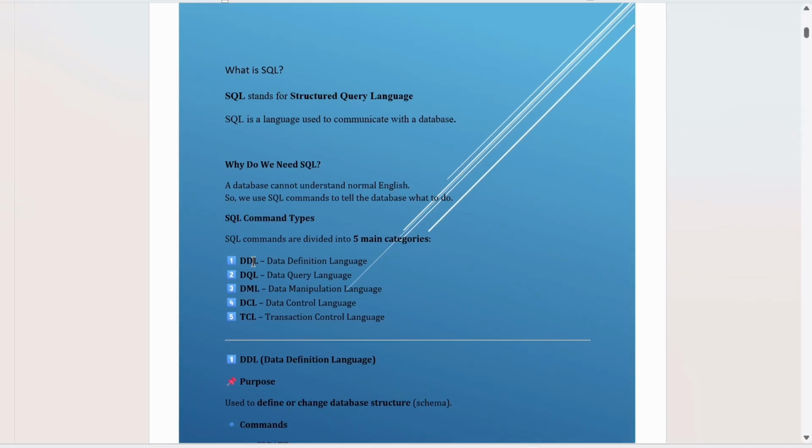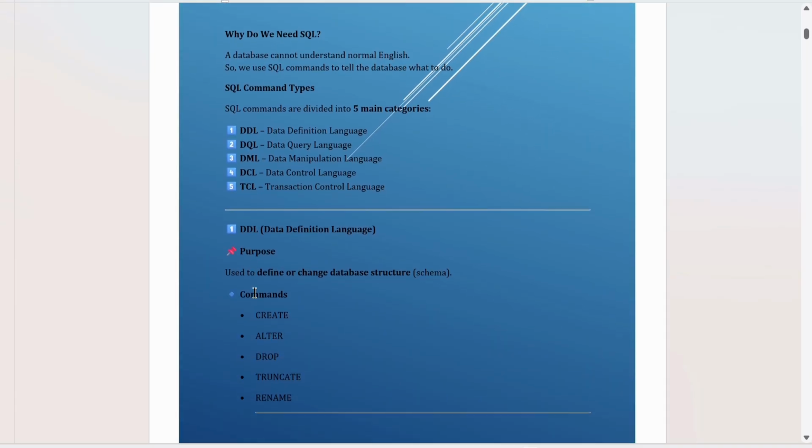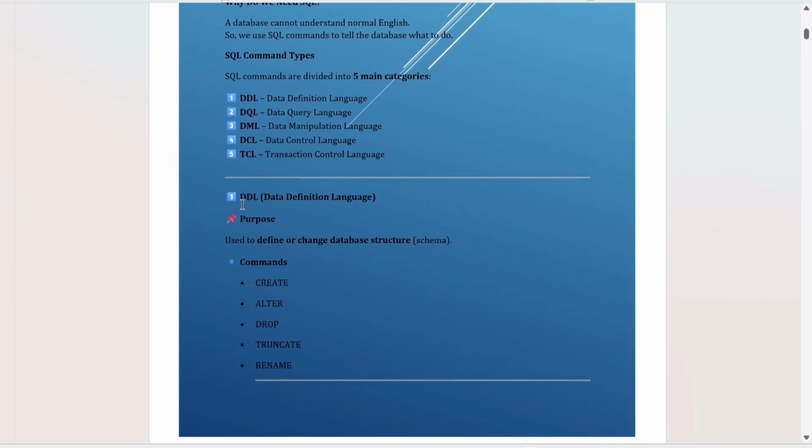And the structured query language has five main commands. They are DDL, DQL, DML, DCL, TCL. We will be discussing one after another in detail. The first command is DDL, which stands for Data Definition Language, and this command is used to define or change database structure.